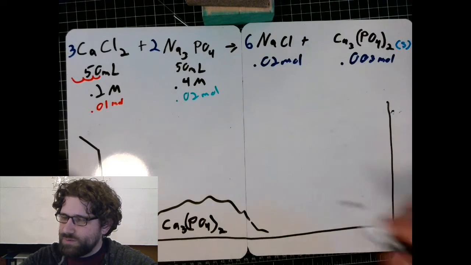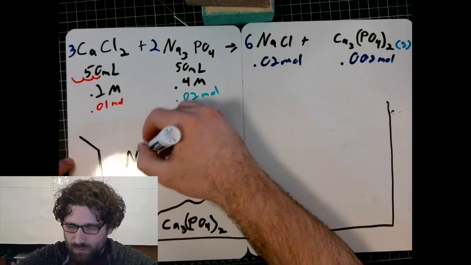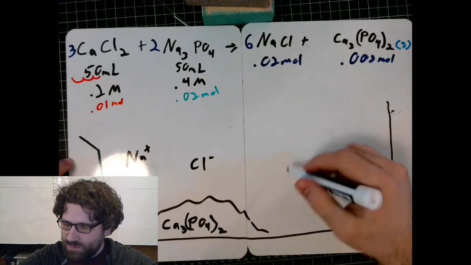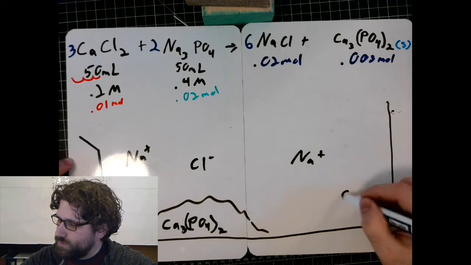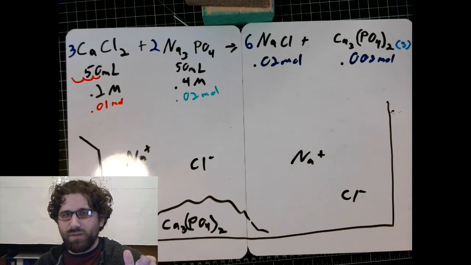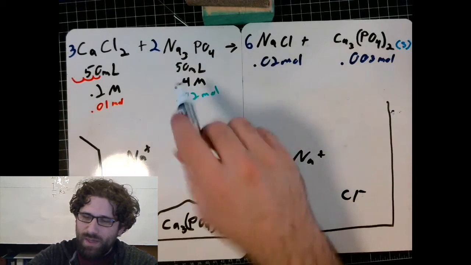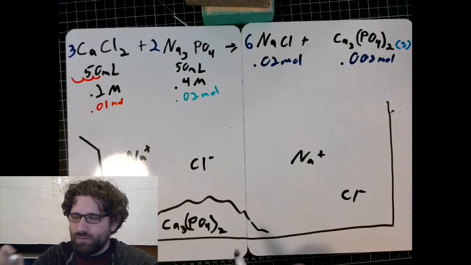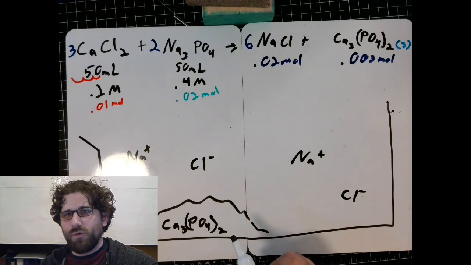I'm going to have sodium chloride, so I'm going to have some Na plus, Cl minus, Na plus, Cl minus, just floating around in there. And then I'm going to have some leftover Na3PO4.